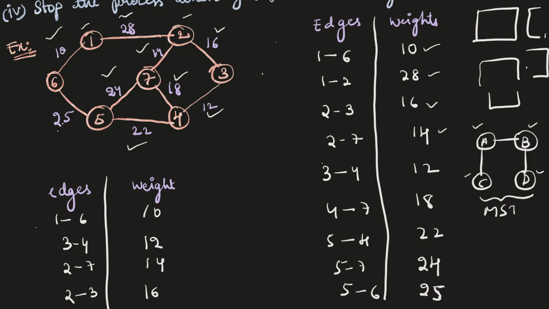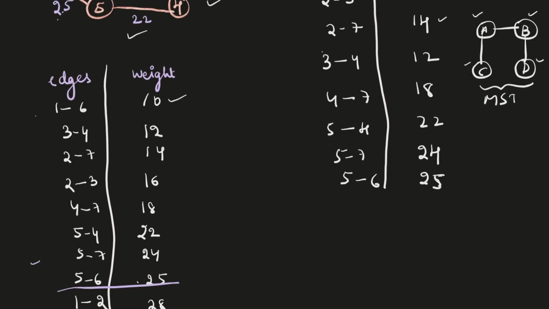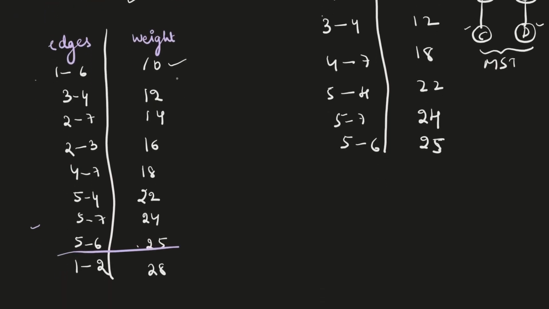So after writing them, we need to follow the second step, that is sorting them in ascending order, small to big. So based on their weights, we sort all the edges in ascending order. So 10, 12, 14, 16, 18, 22 and so on. So these are all in ascending order.